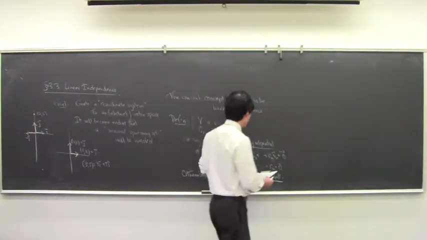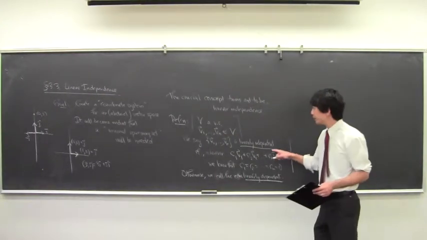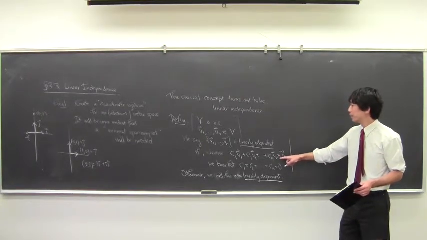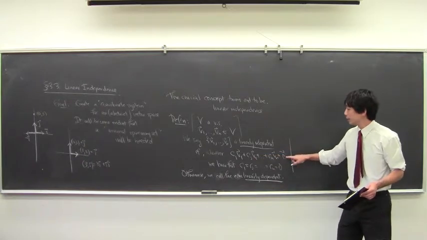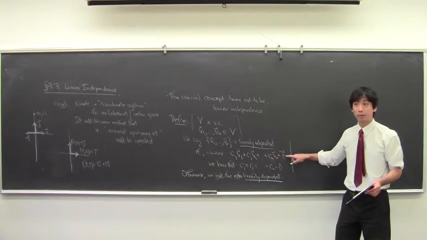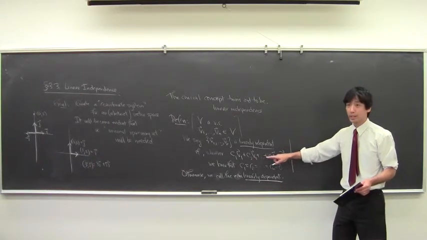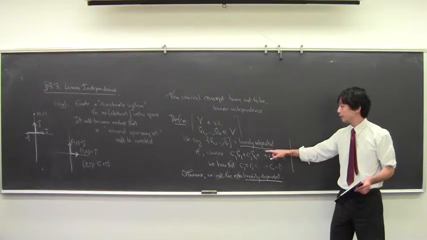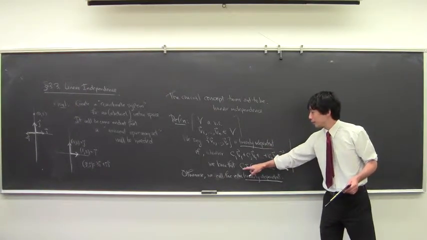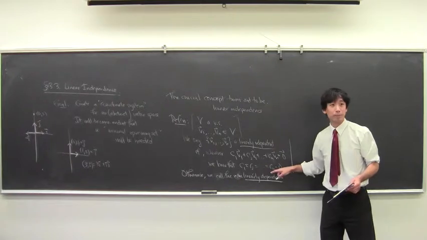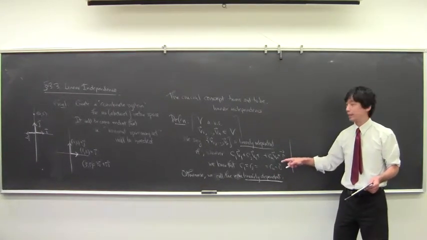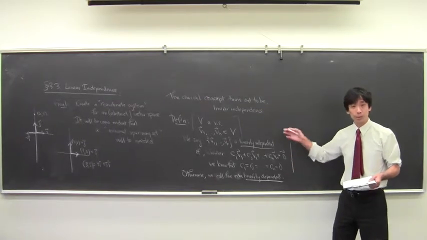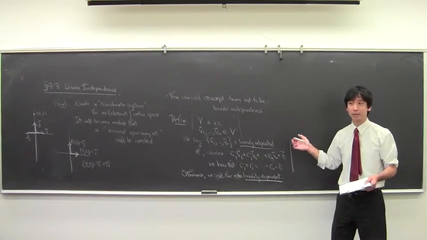Okay. So another way of rephrasing this is that the only way you can get to the zero vector as a linear combination of these guys is to take zero of each one of them. There's only one way to get to the zero vector, and that is the trivial way. You multiply everybody by zero and add them together.